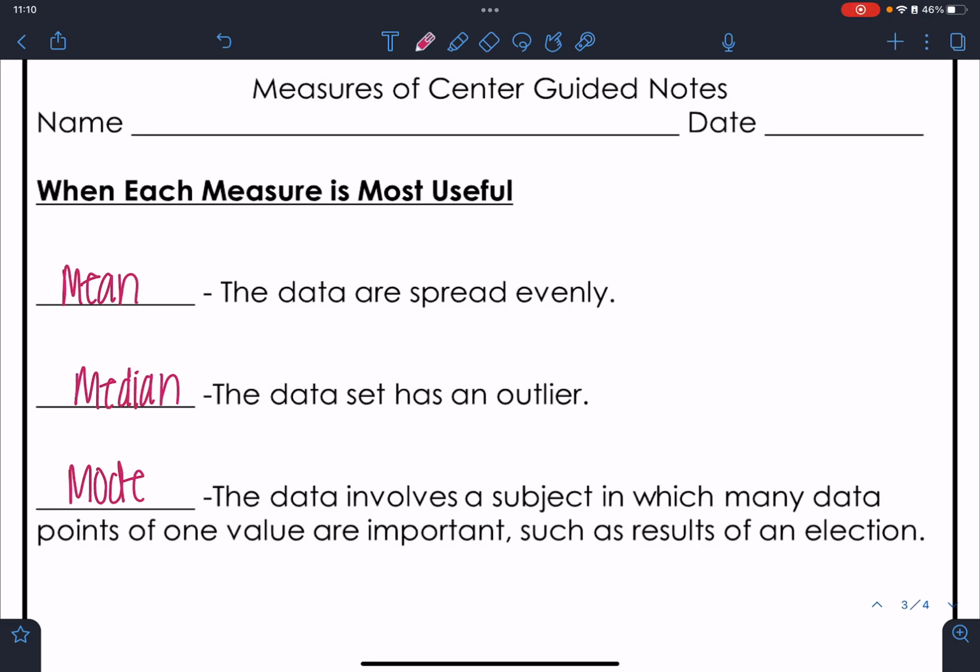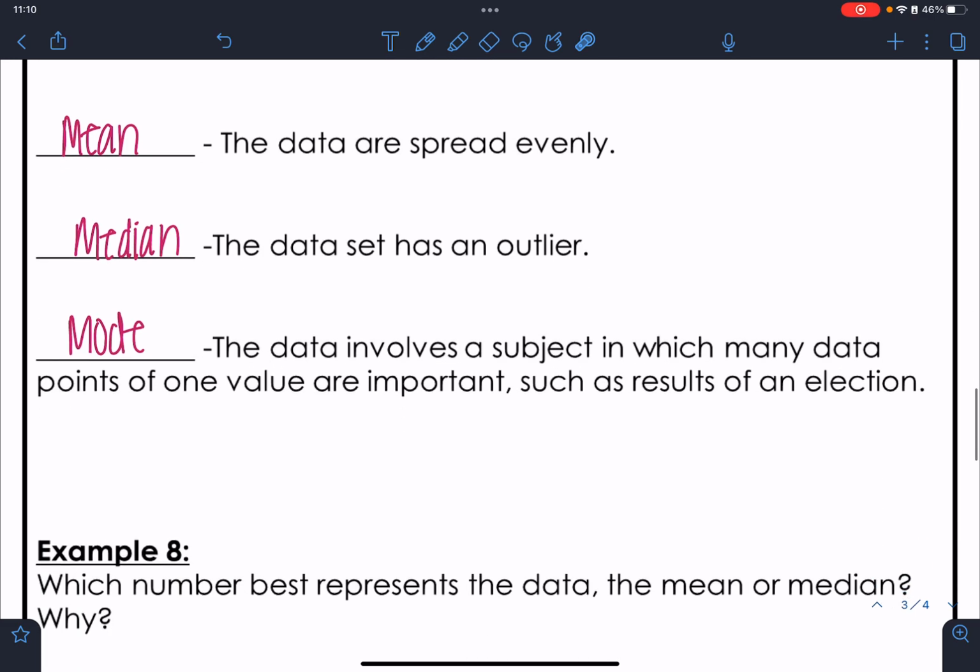All the numbers are kind of close to each other, right? You would probably say the mean is going to best represent the average there. But if I have an outlier, your median is probably going to be most useful, because that's going to be the middle number versus the average.